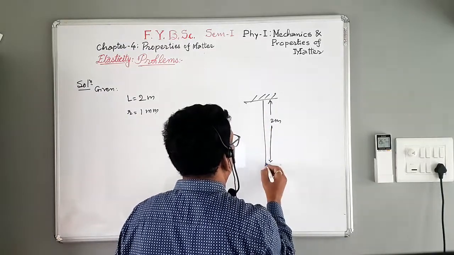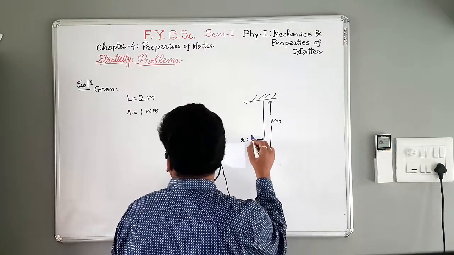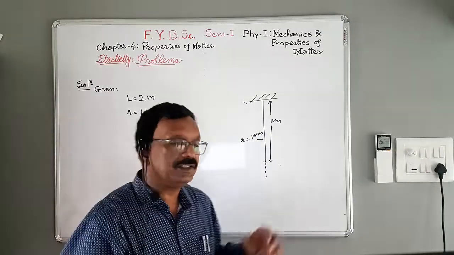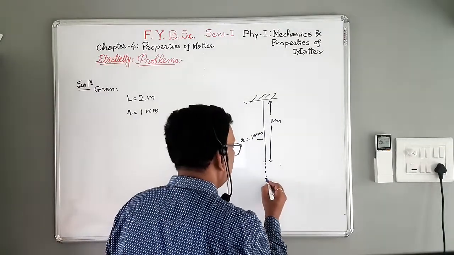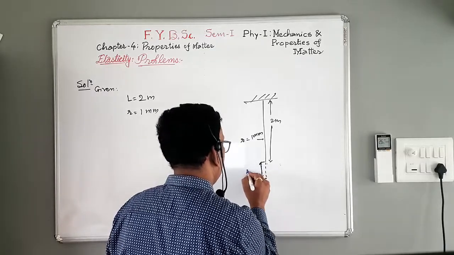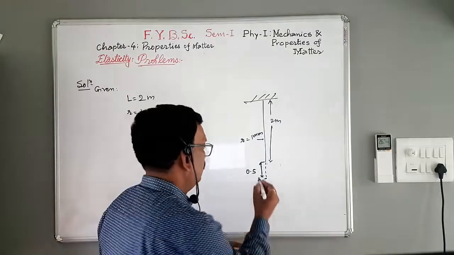Radius of the wire is equal to 1 millimeter, and this wire is stretched so that there is extension of 0.5 millimeter. Okay.